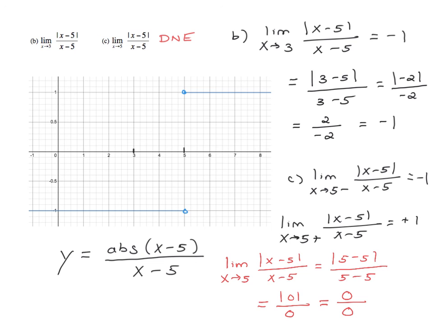But if you try typing 0 over 0 into your calculator, it's going to give you an error message. This thing doesn't simplify to 1. It actually just does not equal anything. So if you took this approach, all it tells you is that you're not allowed to plug the number in place of the x's, but that doesn't tell you anything about the limit. Sometimes it might exist, sometimes it doesn't. And I think for this problem, a better approach is to maybe look at a graph of the function and go from there.